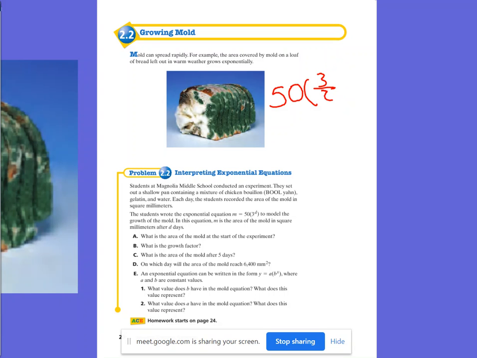So to alleviate that misconception, that's why I like to show the exponent on the outside of the parentheses, to show that we're actually doing the whole fraction, 3 over 2, to whatever power that is.